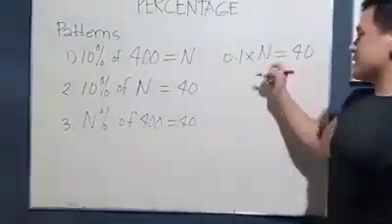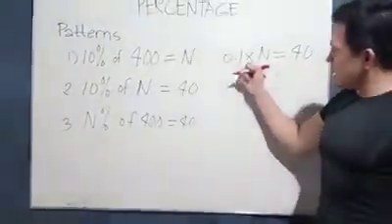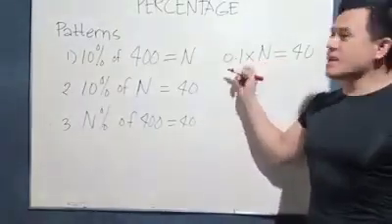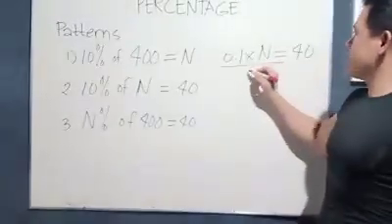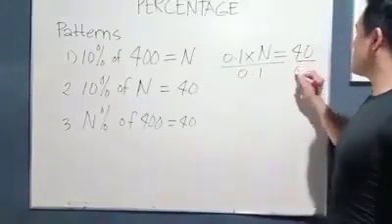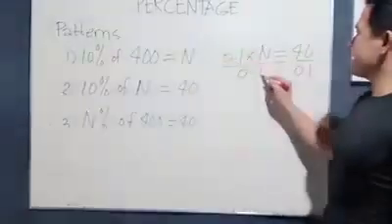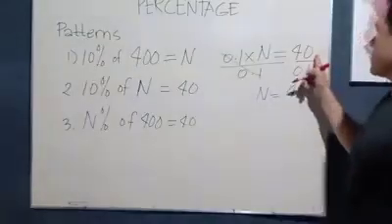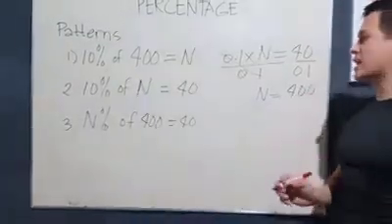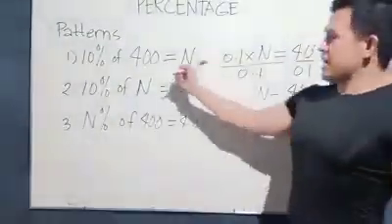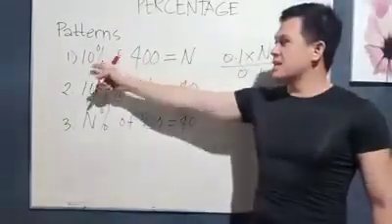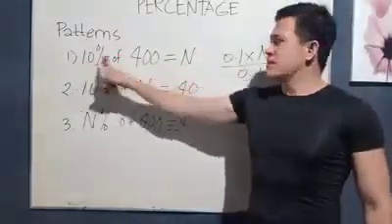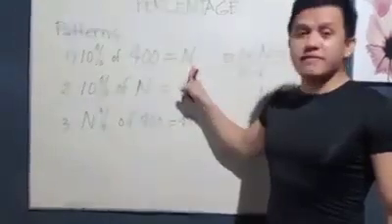Now, since unknown si n, and this is multiplication, pag ganitong pattern, i-divide nyo lang siya. Okay? 0.1 over 0.1. Now, cancel this one, so n is equal to 400. Okay? 40 divided by 0.1 is 400.